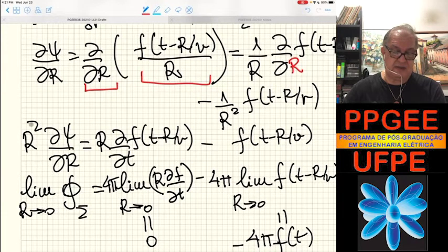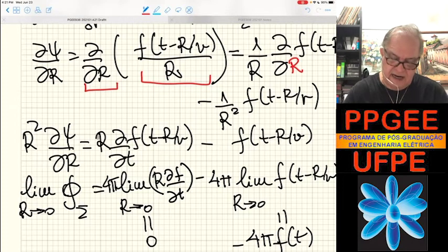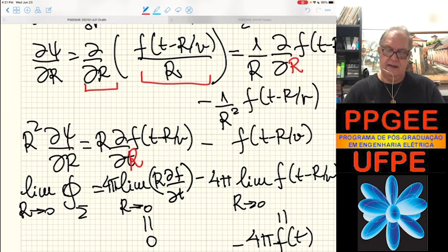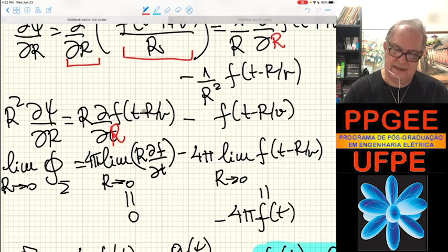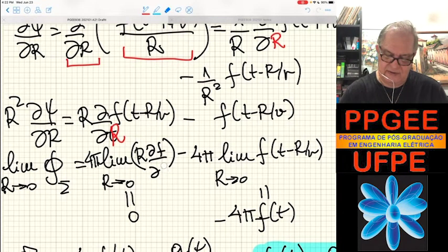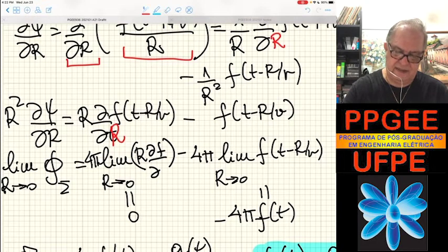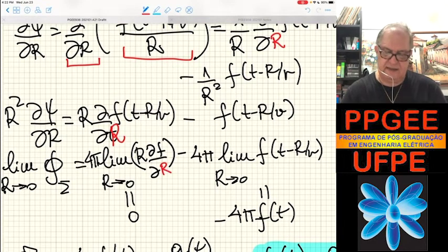Then we have r squared times the derivative, so r squared divided by r gives this term here, this d/dr, minus r squared divided by r squared, which is 1, here. In the limit, this is a regular function, right? It's not d/dt, it's d/dr. I don't understand why I put this thing here. This is d/dr, not d/dt.